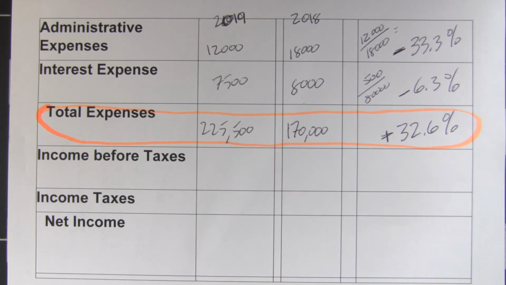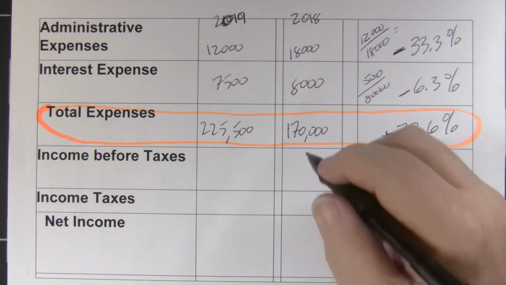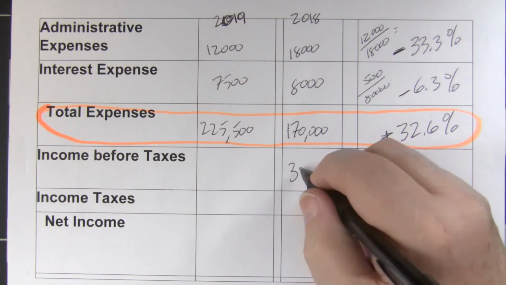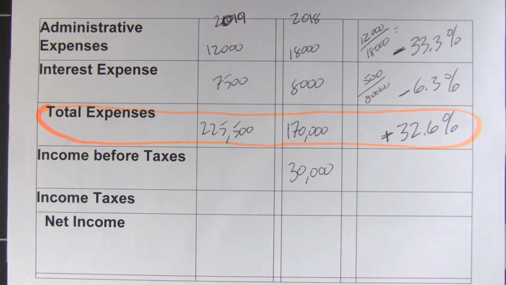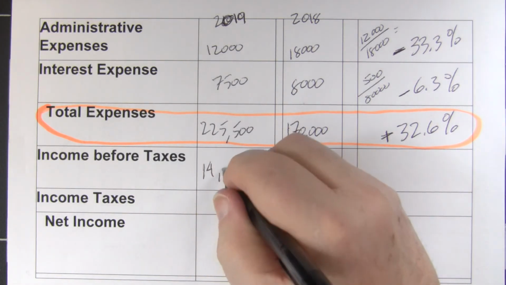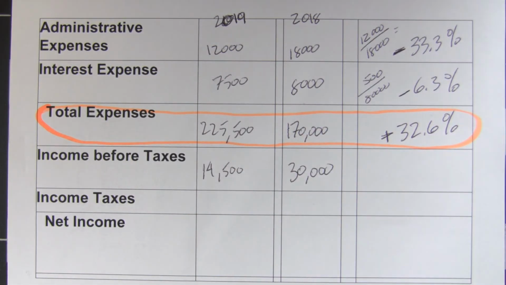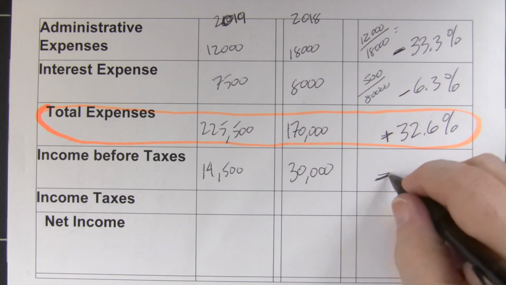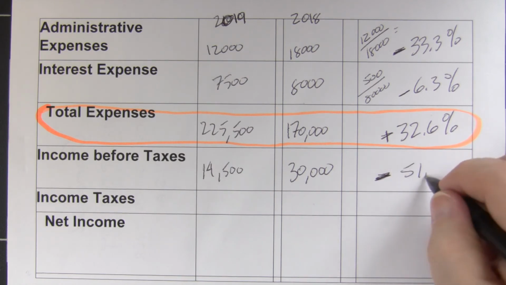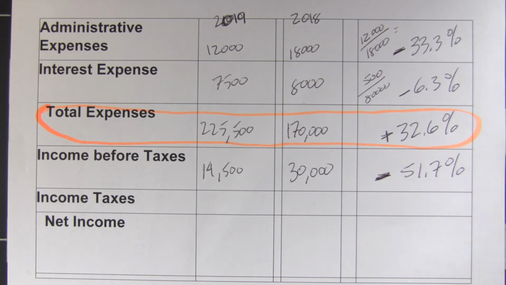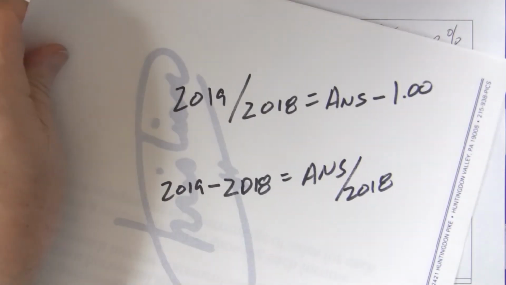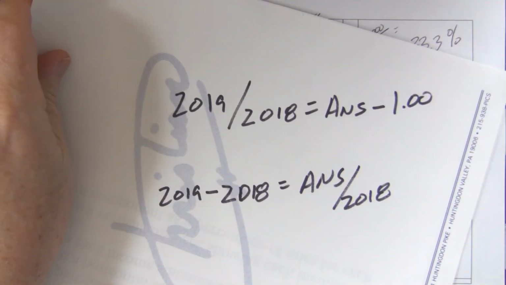The next number is going to make you just as unhappy. Last year, your income before taxes was $30,000. This year, your income before taxes was 14,500. Pick any method you like. It shows that your income before taxes went down 51.7%. Again, pick one of these methods that you like.